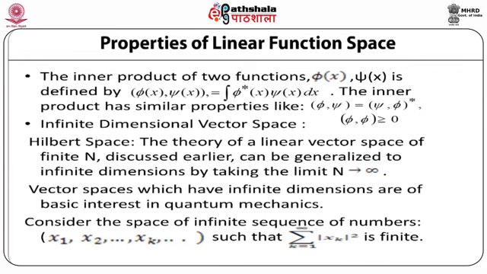Vector spaces which have infinite dimensions are of basic interest in quantum mechanics. Consider the space of infinite sequence of numbers x1, x2 and so on, xk and so on up to infinity, such that the summation k equal to 1 going to infinity of the square of the modulus of xk is finite.